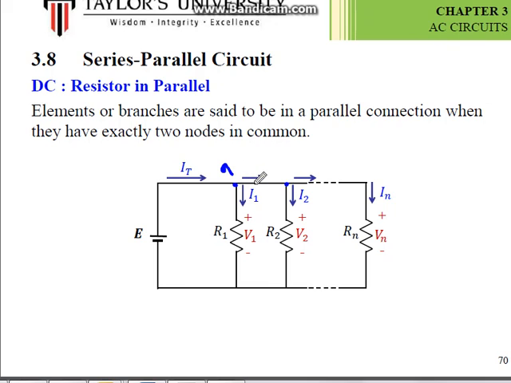As long as there is no other resistor or capacitor or inductor separating them in between, it is considered the same node all the way. So they share the same node. It's pretty obvious for parallel because you can see something hanging around, something dangling. So that's how we look at parallel.